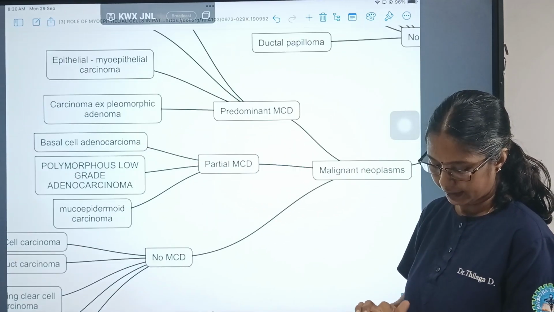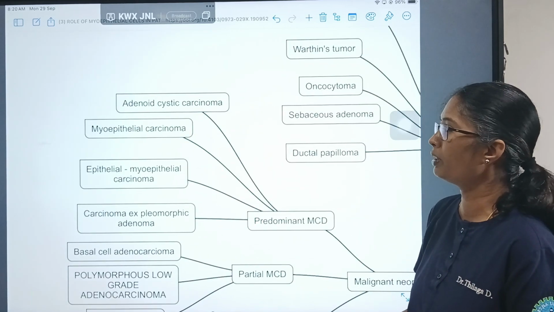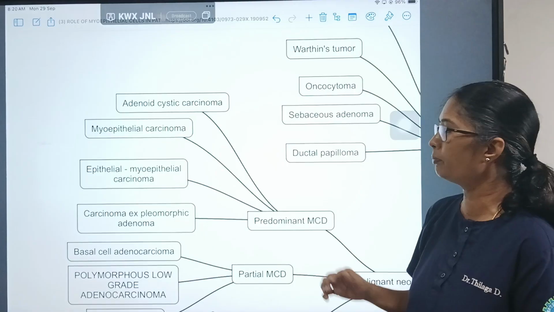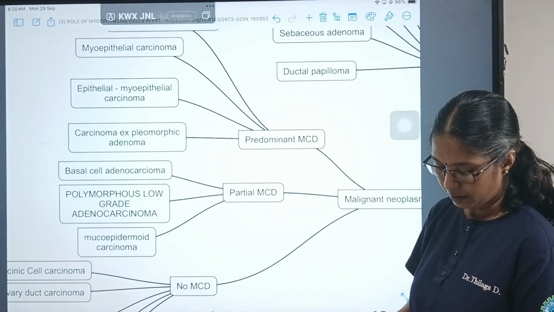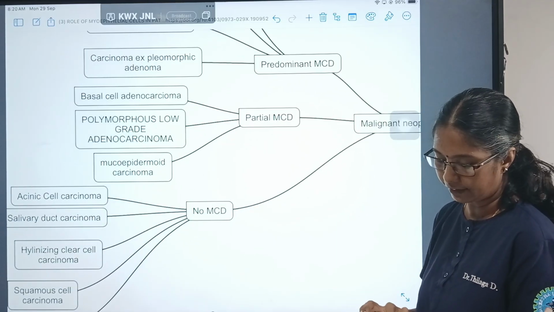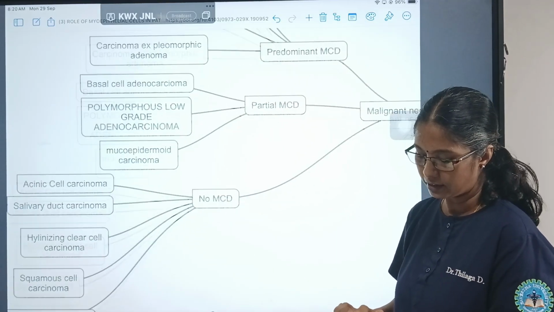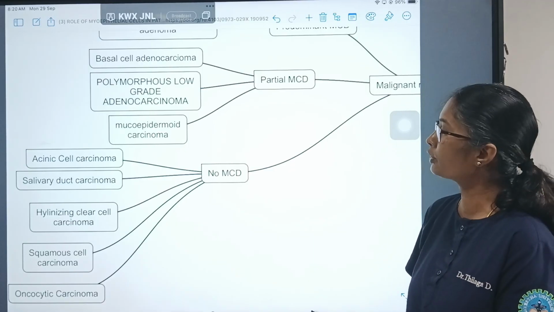Whereas in the malignant neoplasms, the predominant differentiation happens in adenoid cystic carcinoma, myoepithelial carcinoma, epithelial myoepithelial carcinoma, and carcinoma ex pleomorphic adenoma. All these are with differentiation. Partial differentiation is found in basal cell adenocarcinoma, polymorphous low-grade adenocarcinoma, and mucoepidermoid carcinoma.